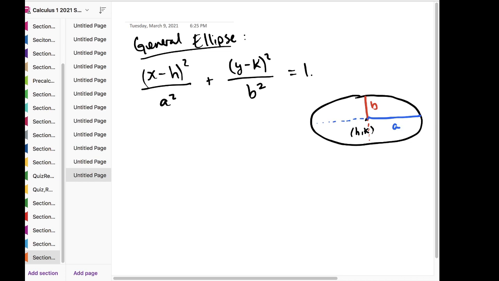Okay. So a and b are just numbers, and h and k are numbers. Can I express this differently to maybe make it easier for the derivative? What can I do to this equation to make it a little bit easier?